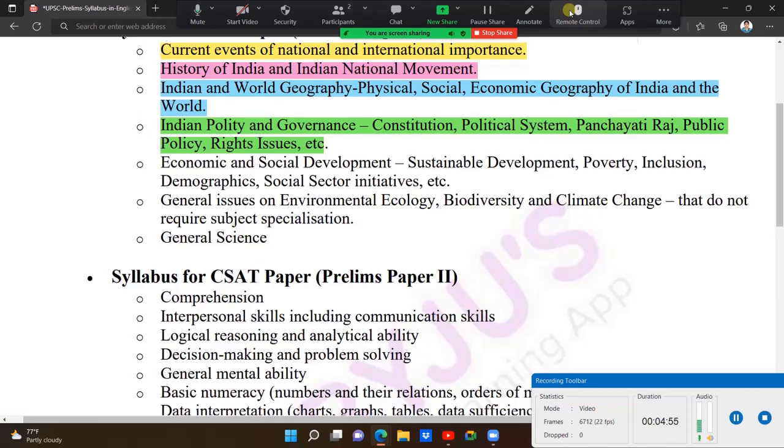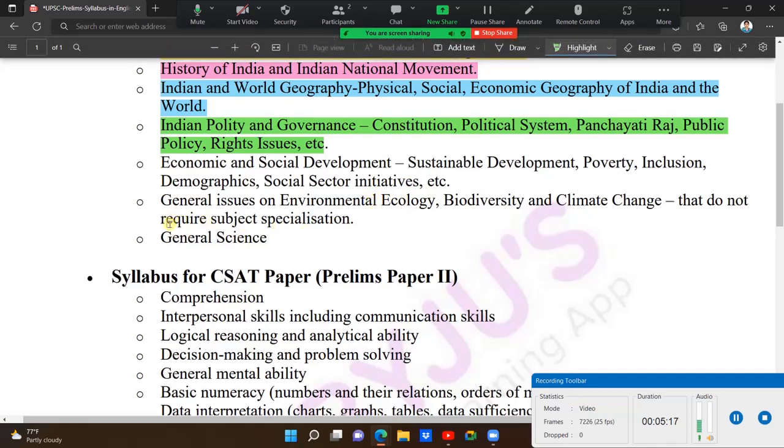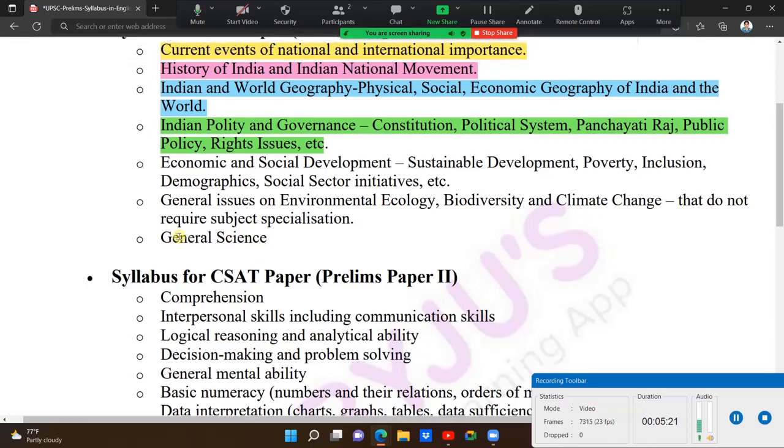That means we have to cover the basics of these topics, we shouldn't go into the depth of subjects like ecology and biodiversity. We have to have average knowledge, not the best knowledge. You needn't be an environmental scientist. And general science, under this we say physics, chemistry and biology.